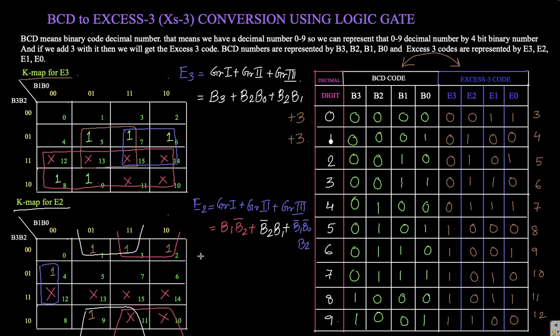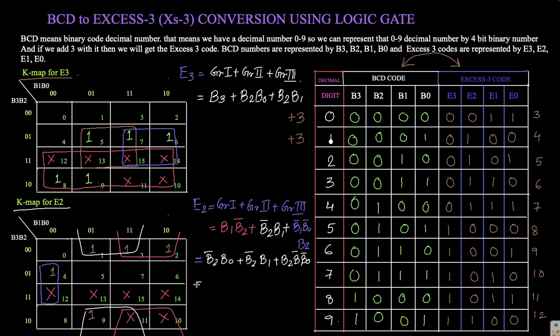So we can now simplify it. It becomes B2 bar B0 plus B2 bar B1 plus B2 B1 bar B0 bar.